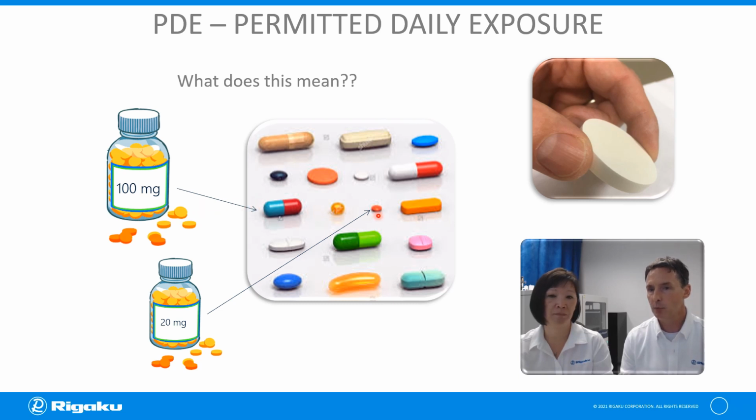If you have smaller amounts, we can have a higher concentration that's permitted in order to still be within the allowable limits. If you were to take, let's say, 20 pills of this size a day, you're going to have much lower concentrations that you're testing against because you are exposing yourself to potentially more of that. And so that's what we're referring to, that daily exposure or concentration limit.